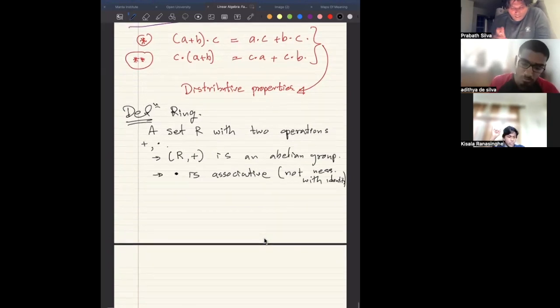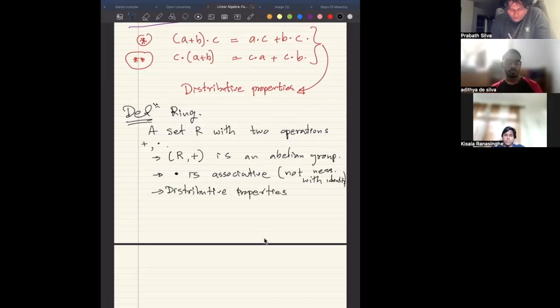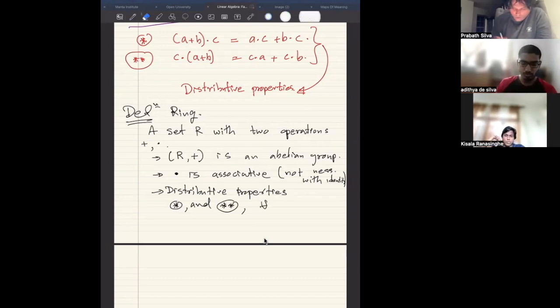And then you have the distributive laws: star and double star hold for all A, B, and C.